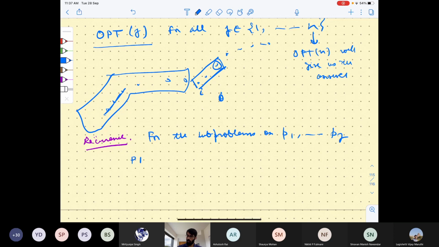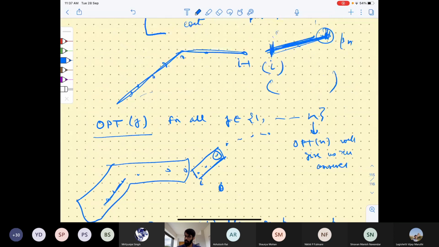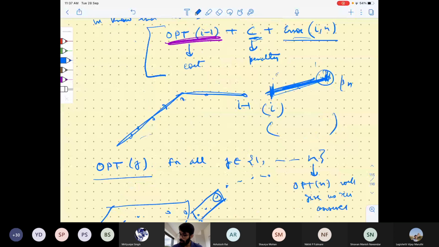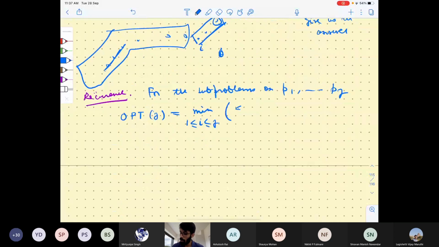So opt of j is equal to the minimum over all 1 less than or equal to i less than or equal to j of error of i comma j plus c plus opt of i minus 1.